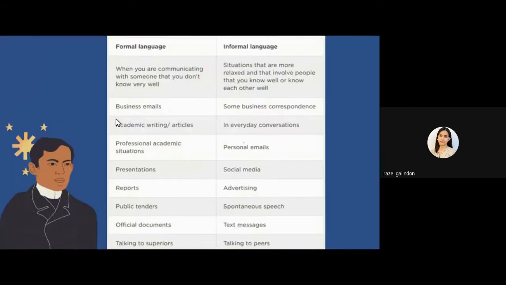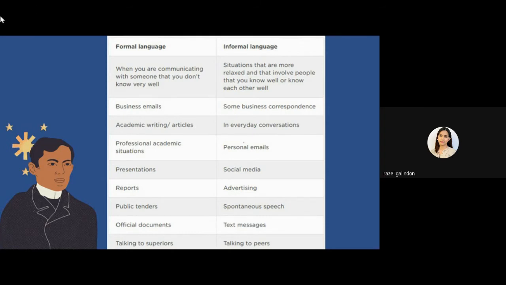Here on my next slide, you can see when we use formal language and when do we use informal language. Again, on the first column, formal language, when you are communicating with someone that you don't know very well, like your teachers, principal, professor, or let's say, for example, you're working, your manager, someone that you don't know very well.